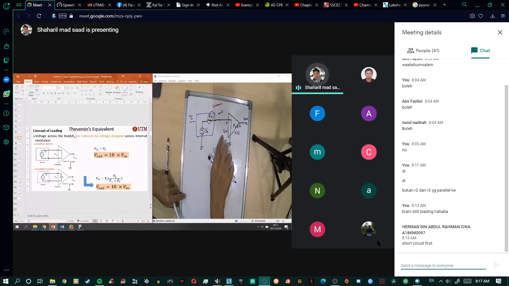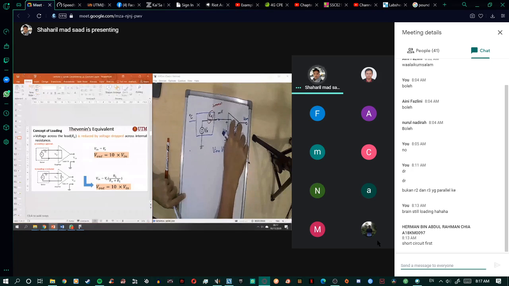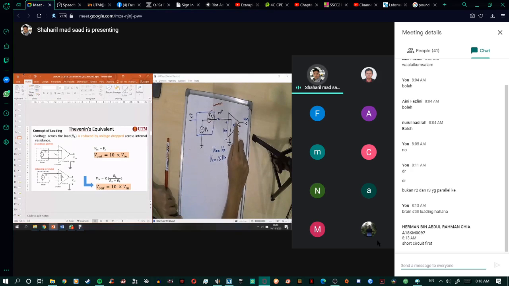V in is the voltage input for this signal conditioning. So you can get V out equal to gain times V in. When you ignore the loading, maybe your amplifier is very ideal, very good. That means the load resistance equal to 0.